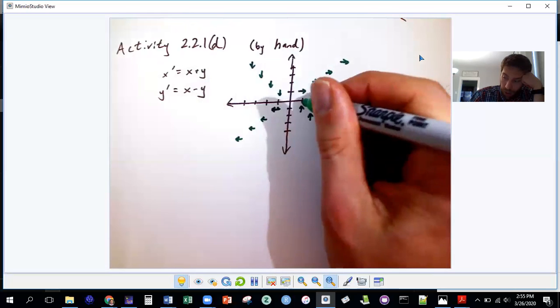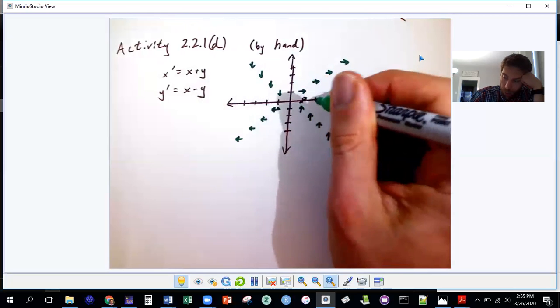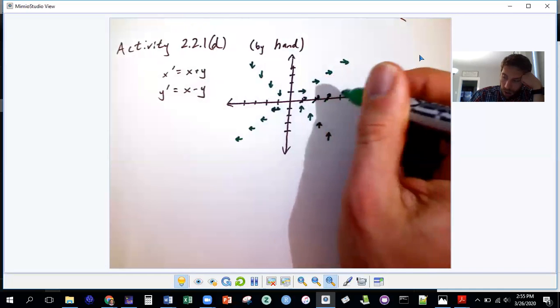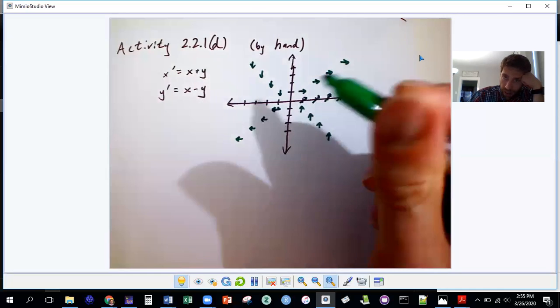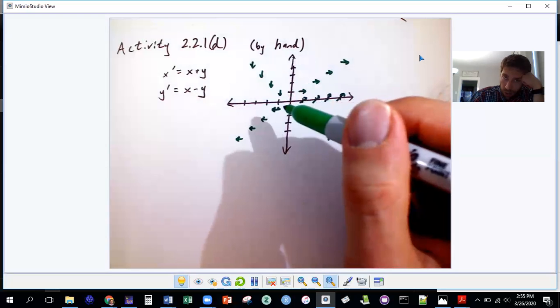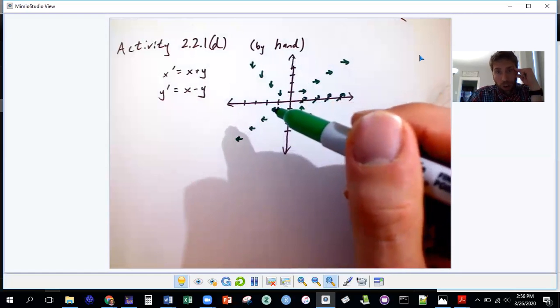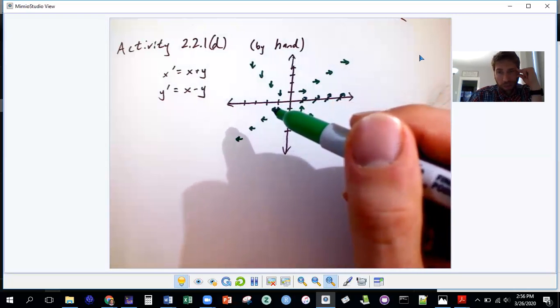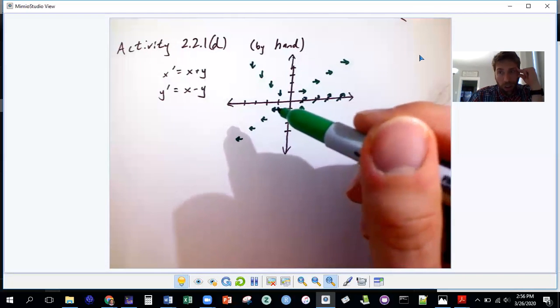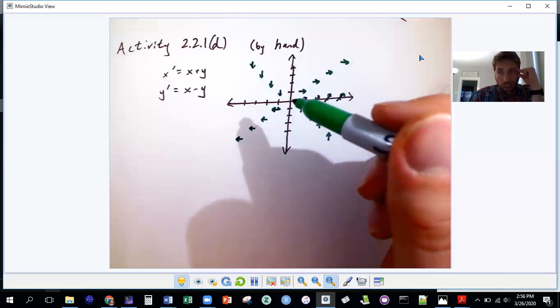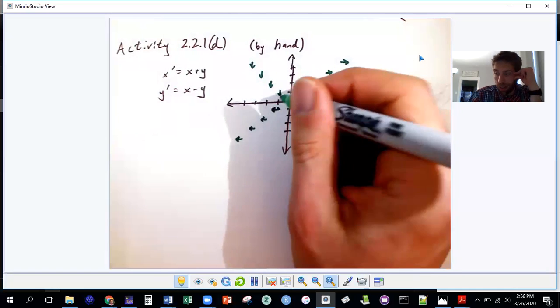So the slope will be going, slope of 1 there. And then here, when x is negative 1, then x prime will be negative and y prime will be negative. And so the slope is 1, but it's moving towards negative x's and negative y's.